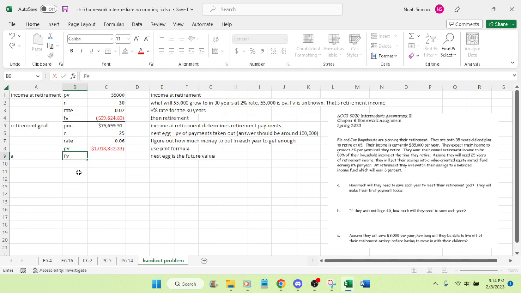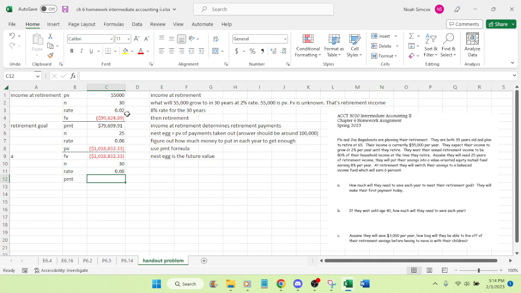The future value is equal to this. The number of years is 30. The rate is 8%. So the payments are going to be what?